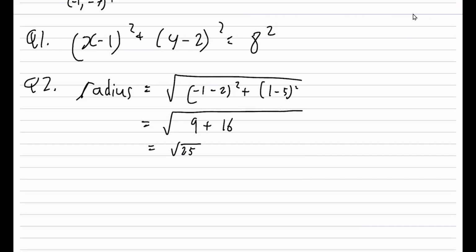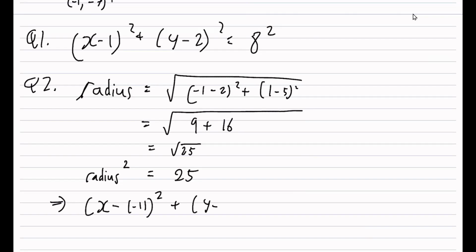Square root 25. Actually here, you don't need to evaluate the square root, because all we need in our equation is the radius squared, which is just 25. Therefore, the equation of the circle will be (x minus -1) squared plus (y minus 1) squared equals 25.